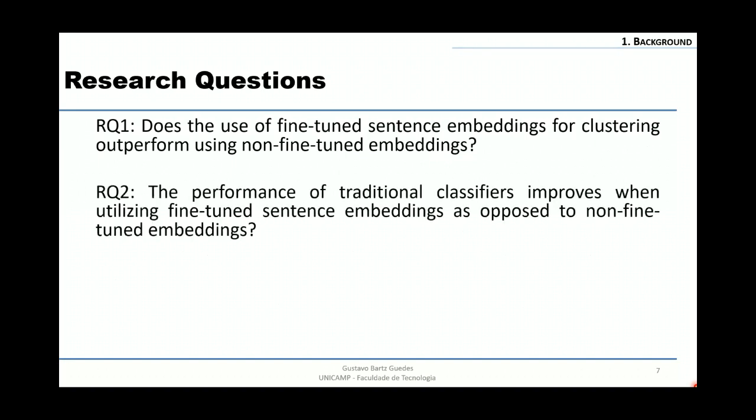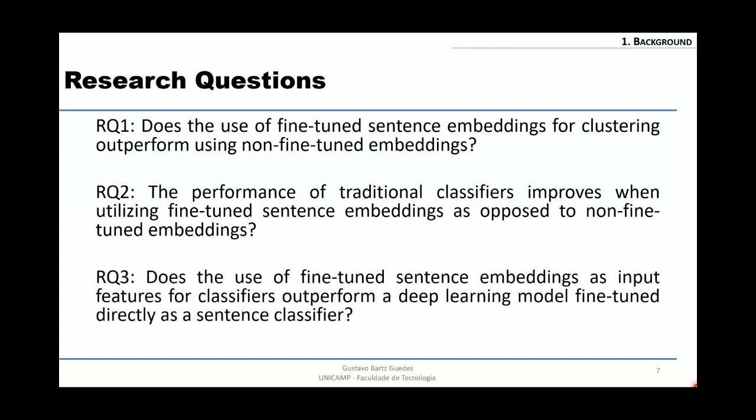The other one is to assess whether the performance of traditional classifiers improves using the fine-tuned embeddings as opposed to the non-fine-tuned embeddings generated by the baseline models. And the last one, we also compared these embeddings fine-tuned with contrastive learning with deep learning models that were fine-tuned directly as sentence classifiers.